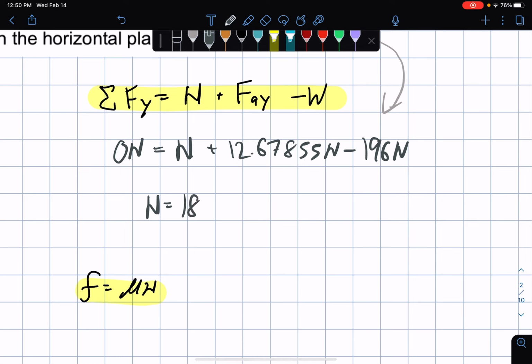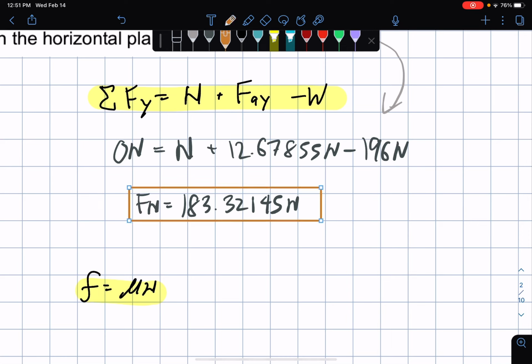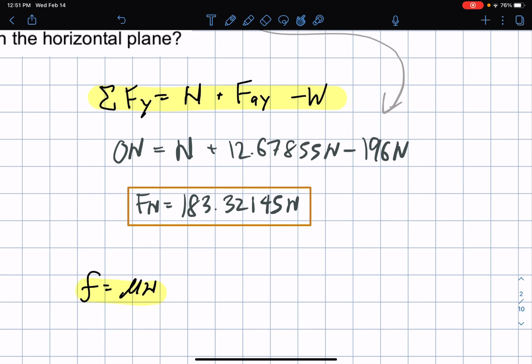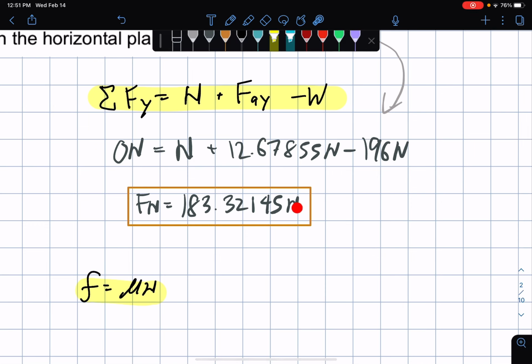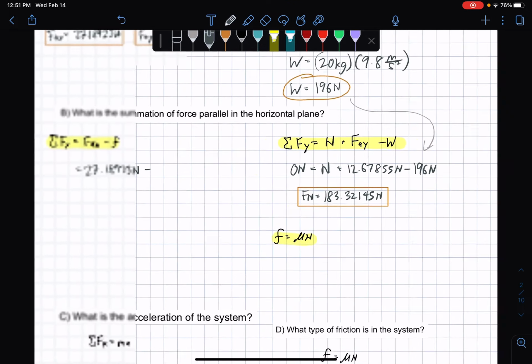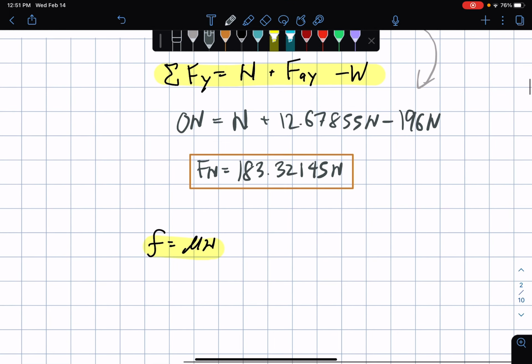Transpose it to the other side, it becomes a positive value. So 183.32145 newtons, or you can just call this Fn, normal force, just to make sure that the letter isn't confused with the same kind of letter N here, which stands for newtons. The unit for force here in particular is the normal force.